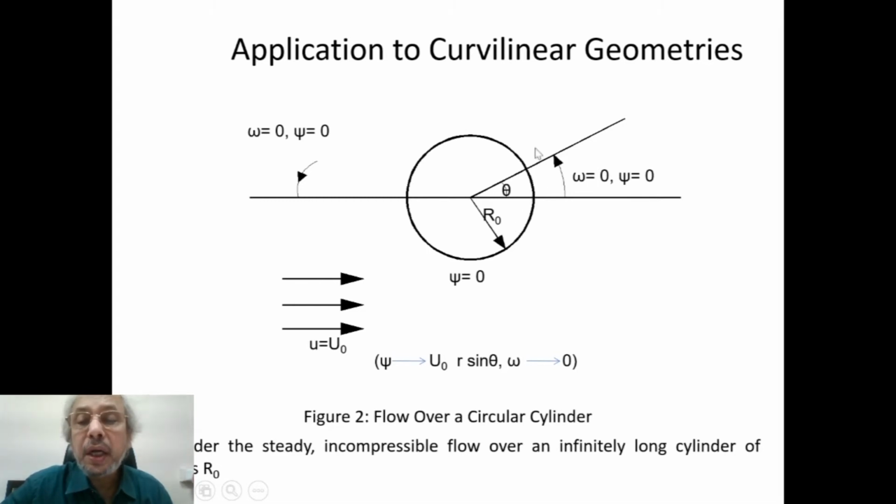And on the solid surface, again psi equal to 0, because of the no slip condition, there is no mass flow rate on the solid surface, and psi is indicative of the mass flow rate.